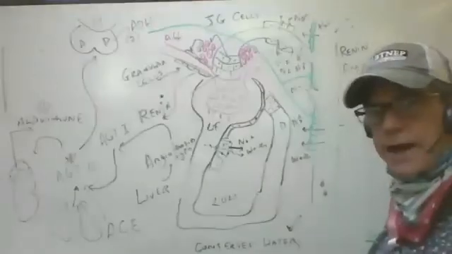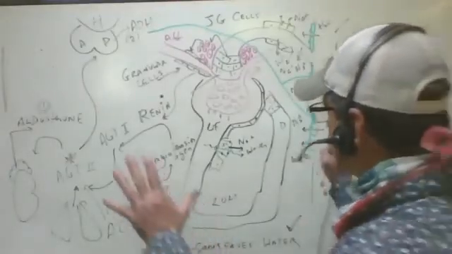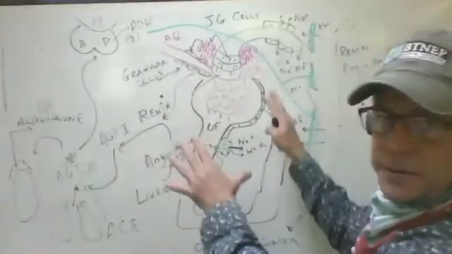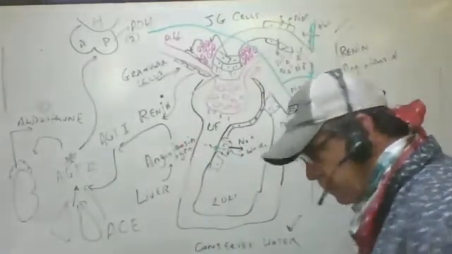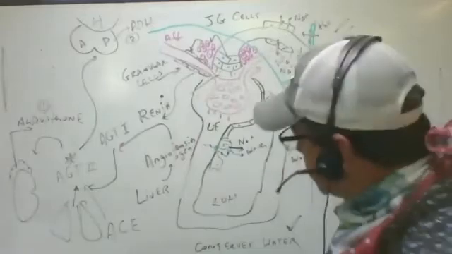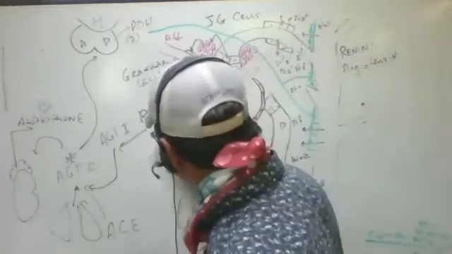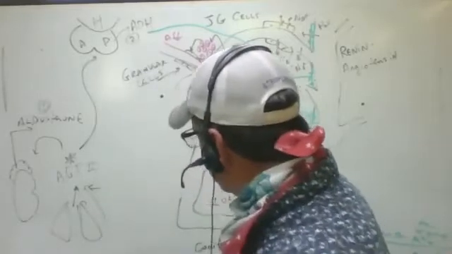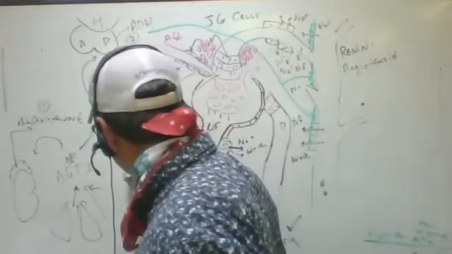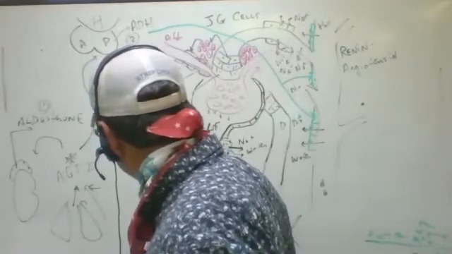All right, I'm going to show you how that happens. Okay. In a normal situation, this renin-angiotensin system is working. I'm going to put another organ up here. That other organ is an organ that we talked about a long time ago. That's the heart.